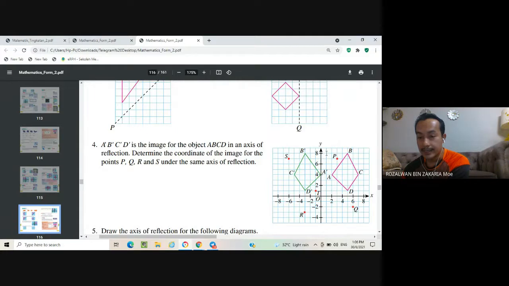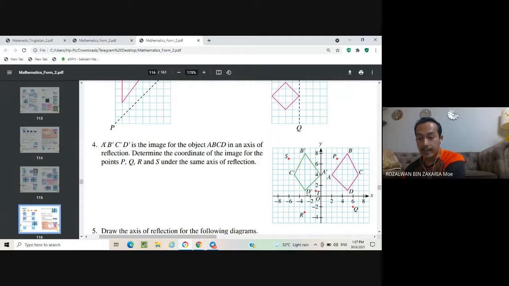So it's here. Then for A, the distance from A to A prime is 2 boxes. That means 2 divided by 2 equals 1. So the axis of reflection is 1 unit from A and also 1 unit from A prime. So here. And last, you find the distance from point D to D prime: 1, 2, 3, 4, 5, 6, 7, 8. 8 also, so 8 divided by 2 equals 4.